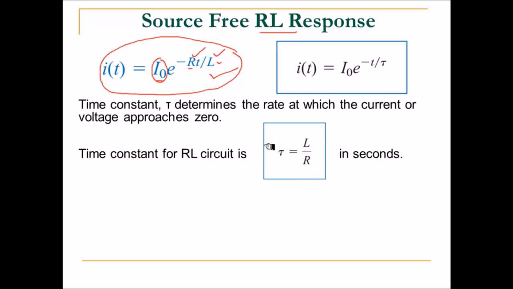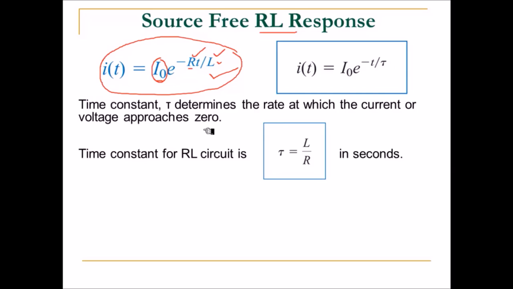On substituting tau, we have i(t) = I0 e^(-t/tau). This time constant determines the rate at which the current or voltages approach zero.